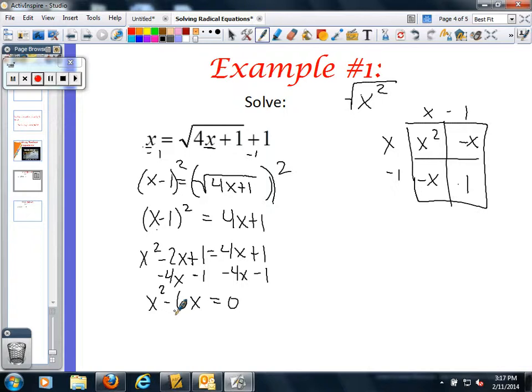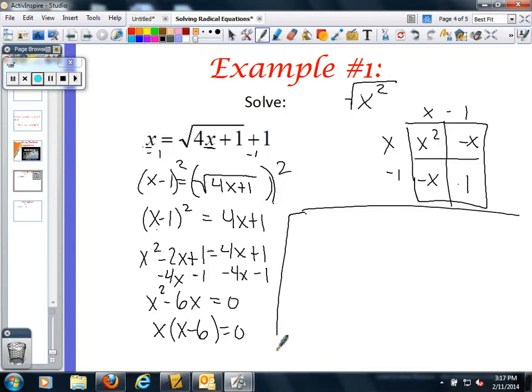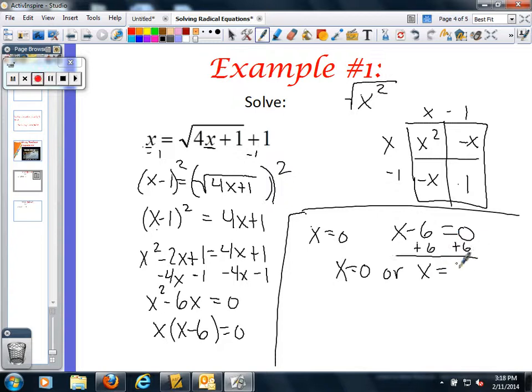And now let's go ahead and solve this for x. So I'm going to pull out an x, which means I have x times x minus 6 equals 0. I set x equal to 0, and then I set x minus 6 equal to 0, and that's going to give me x equals 0, or x equals, add 6 to both sides, x equals 6.